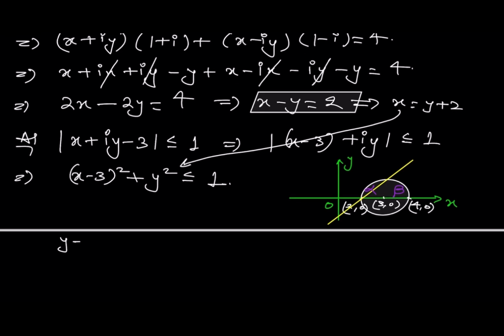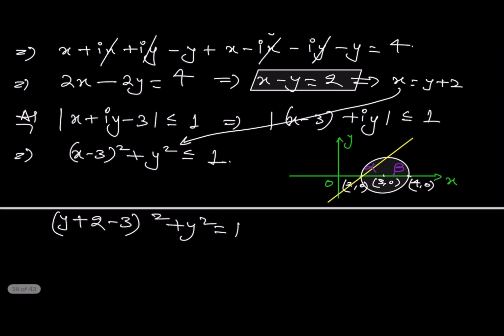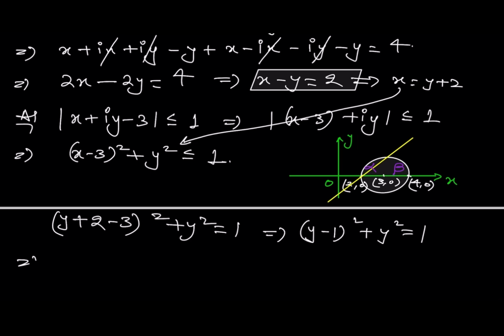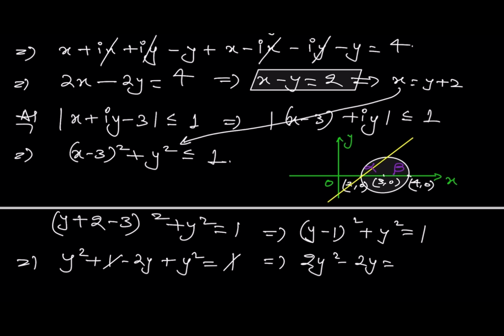So this is (y plus 2 minus 3) whole square plus y square is equal to 1, which will give you (y minus 1) whole square plus y square is equal to 1, which gives y square plus 1 minus 2y plus y square is equal to 1, or 2y square minus 2y is equal to 0. So 2y common, y minus 1 is equal to 0. So from here y is equal to 0 and y is equal to 1.